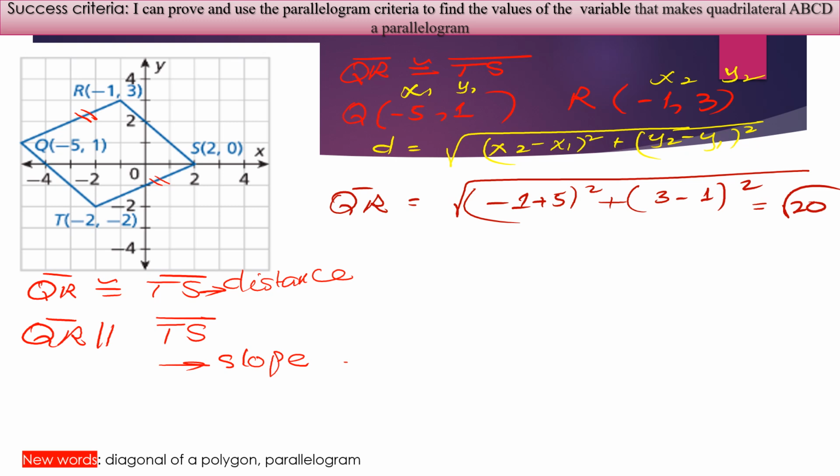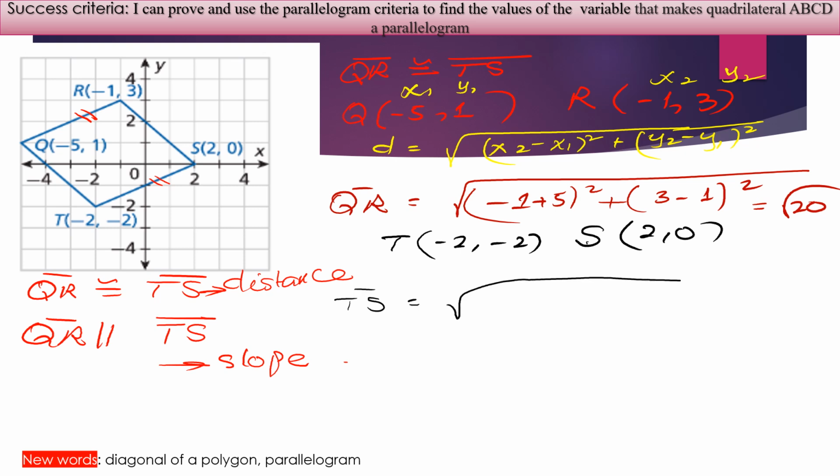Now we will find out about our second line, that is TS. The coordinates of T are -2 and -2, and the coordinates of S are 2 and 0. Let's try to find out the TS using the same formula.